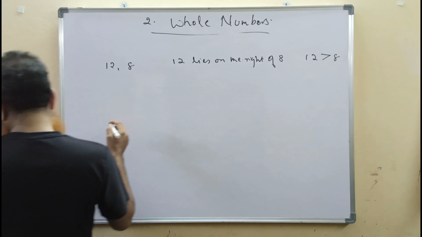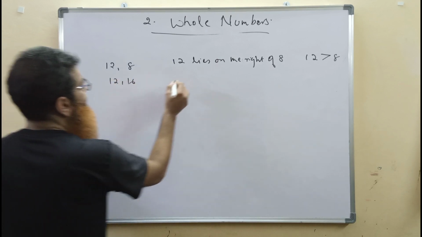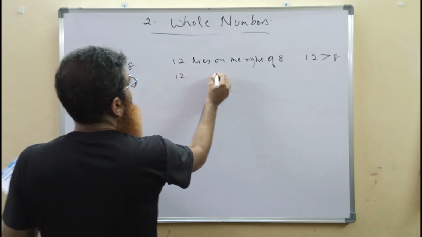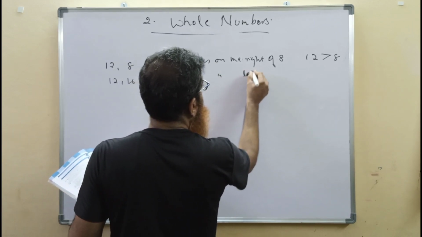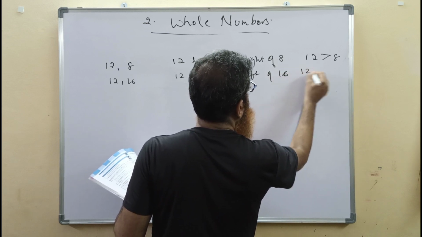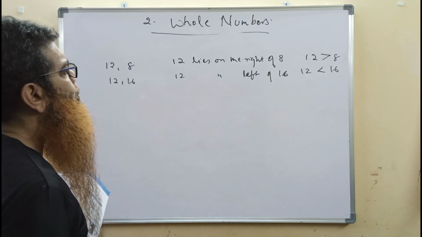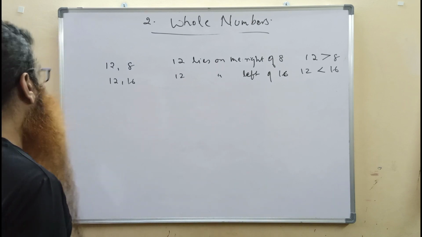Then we have 12 and 16. 12 lies on the left of 16 because 12 is less than 16. As you know, 16 is greater than 12.